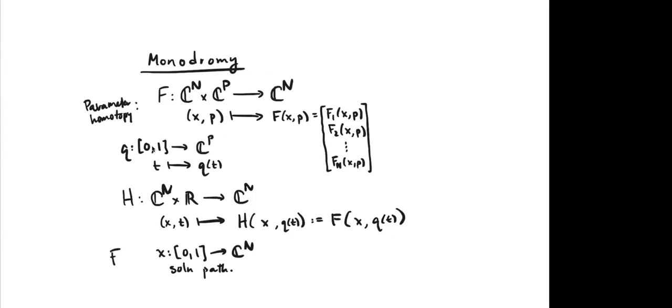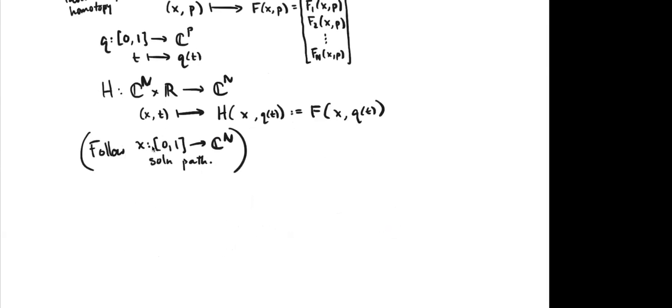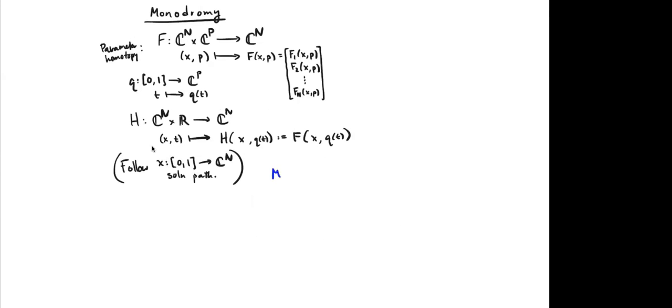And then we follow the solution path, and that's what homotopy continuation does. Okay, so now let's look at monodromy. So let's say we're in our space of parameters, some sort of space, and we pick one particular parameter value. Let's say p naught maybe.